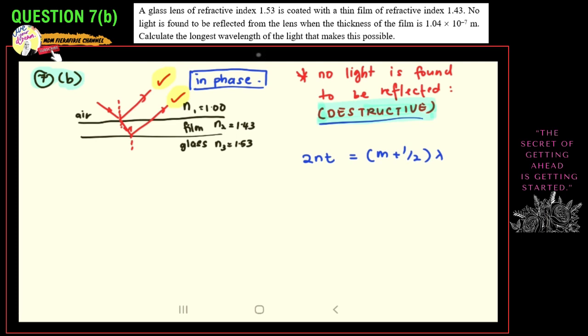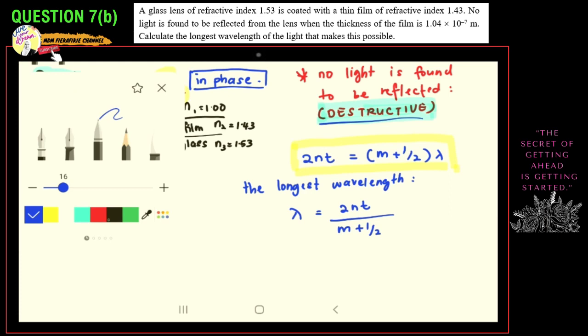Okay, so look at here. The question asks us to find the longest wavelength. Okay, the longest. Kenapa disebut the longest wavelength? Okay, so the longest wavelength referring to lambda lah. Okay, tengok pada sini. If you want to find lambda, it's equal to 2nt over (m plus half).